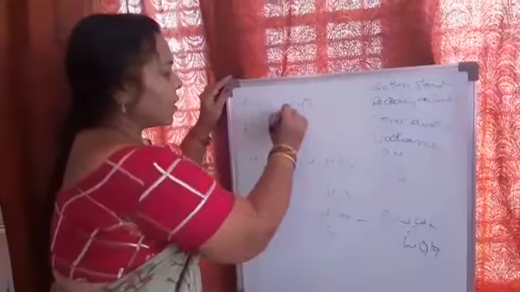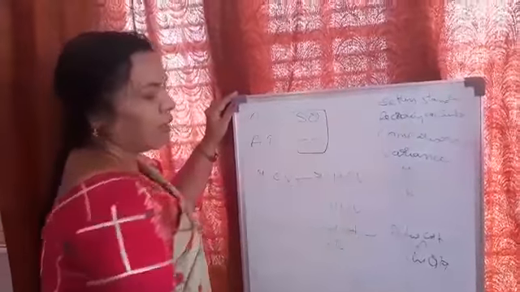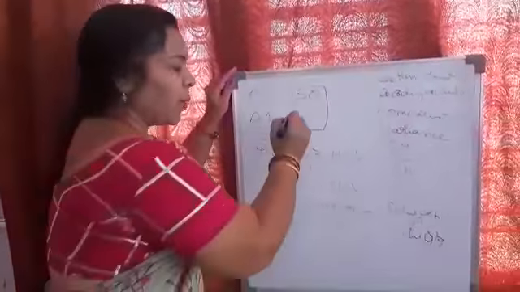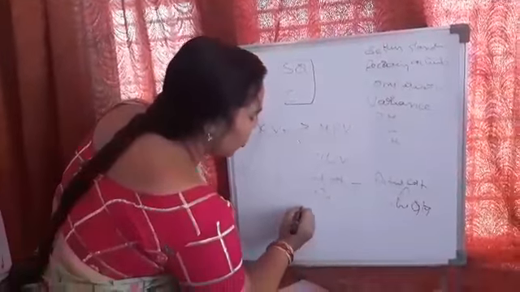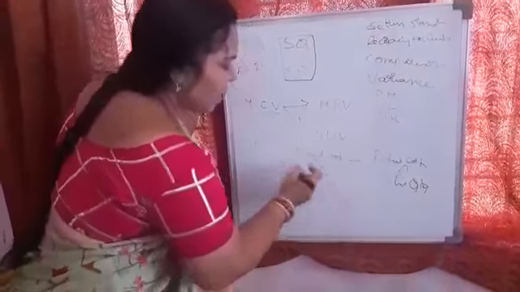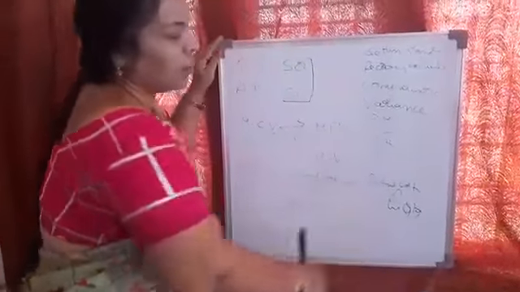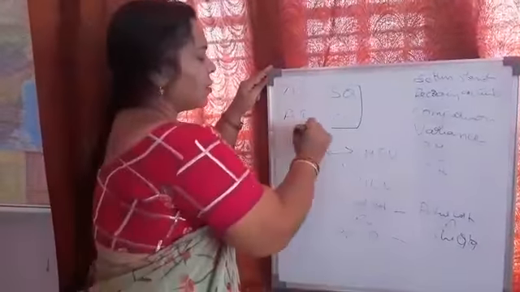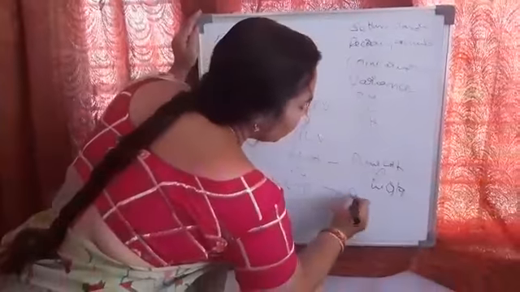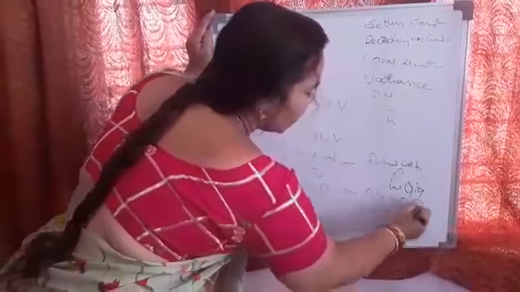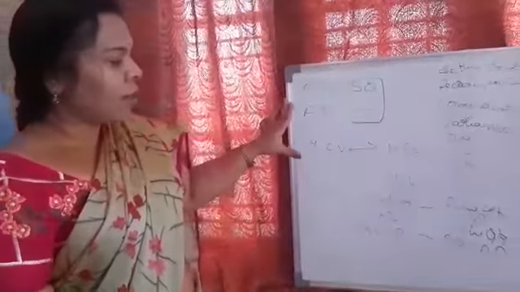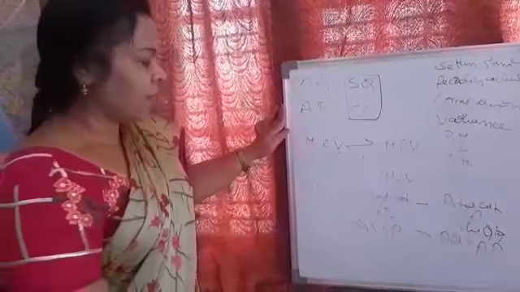Simply the standard quantity into standard price. So I want to purchase this much quantity at this price. This is my standard cost, minus actual quantity into actual price. This is called material cost variance.